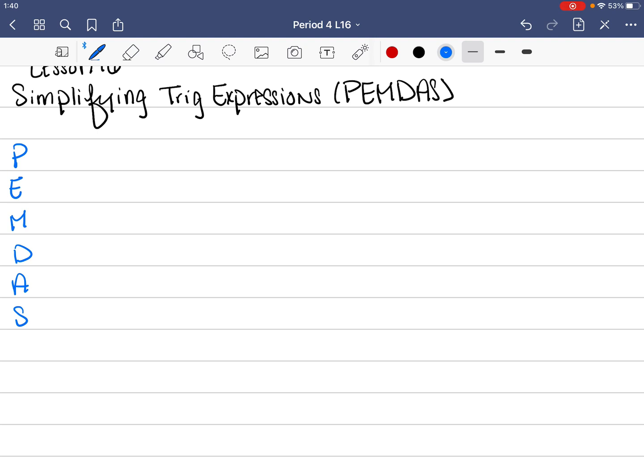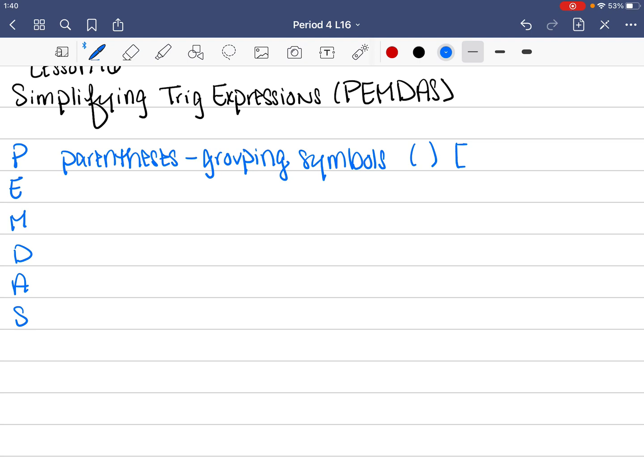There's a few different ways that you can spell parentheses. Ms. Marflack will use the E-S-E; sometimes you see it with an I. But not only parentheses, it also means grouping symbols. So you're used to seeing parentheses like this, but it can also be brackets, or something called braces. Any type of grouping symbol.